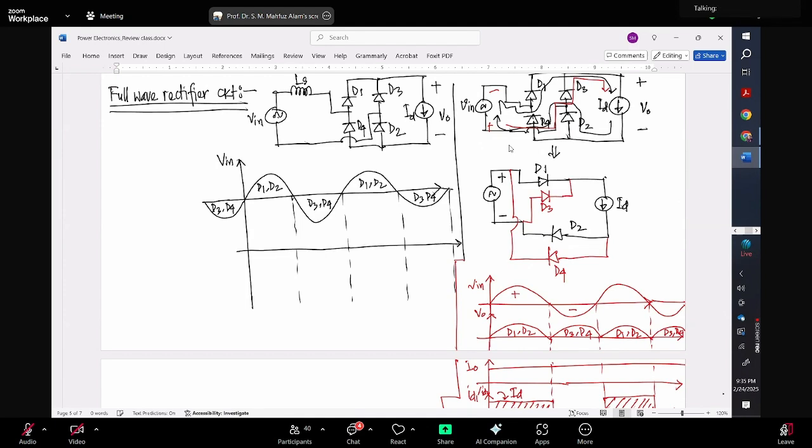Now, tell me, what will happen to your input current then? Suppose for this portion, D3 and D4 is operating. Let me draw it here. This way. So suppose we are having the circuit.